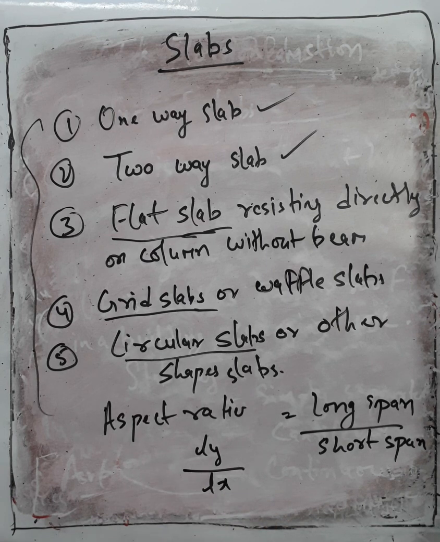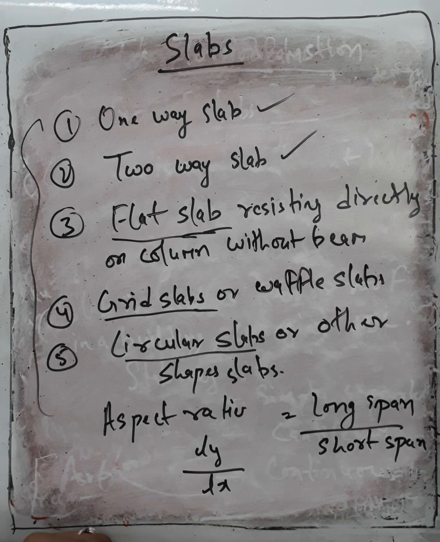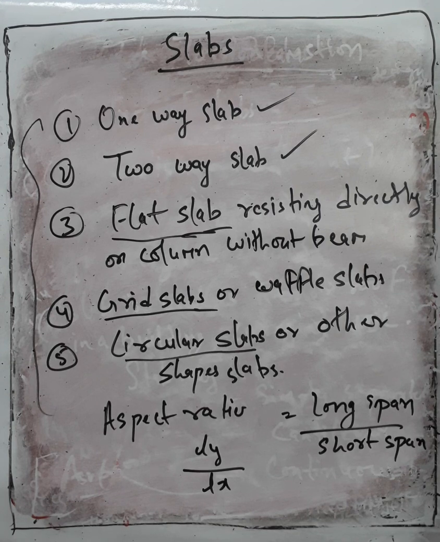So slabs are differentiated with the help of this aspect ratio, long span upon short span, also called Ly by Lx. So first we consider the one-way slab or one-way spanning slab. One-way slab means it deflects only on one side.